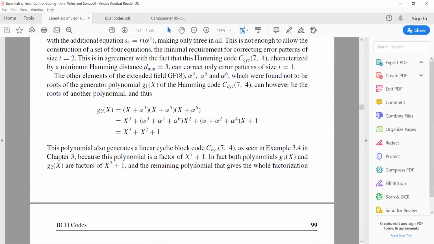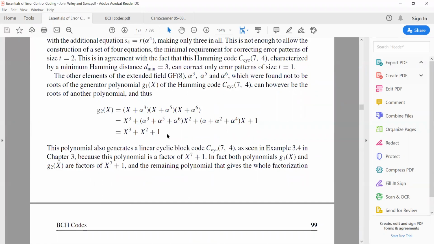In fact, both polynomials, g1x and g2x, are factors of x to the power 7 plus 1, right? So it is known that x cube plus x square plus 1 is a factor whose roots are alpha cube, alpha 5, and alpha 6.